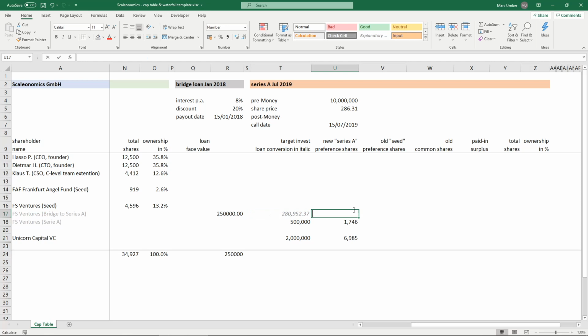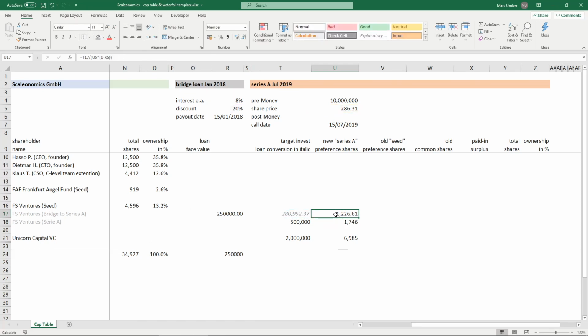Now for this, if we follow our logic, we would get a number of shares, but now on this loan conversion, we get a discount share price, a discount of 20%, which we have to take into account, times 1 minus the 20%. This is the actual share price that Frankfurt School will get on the conversion of its bridge loan.